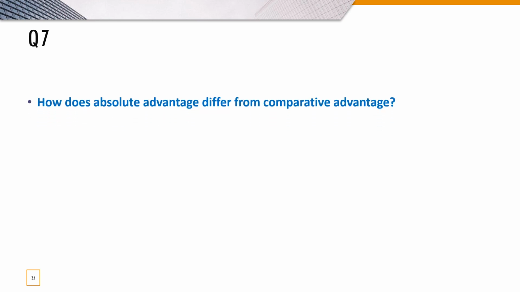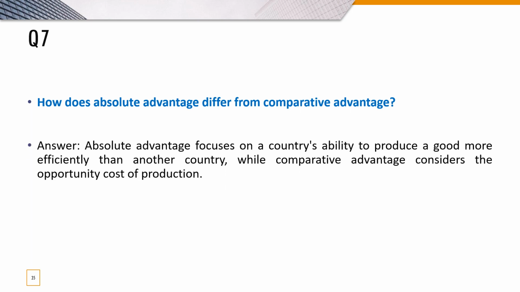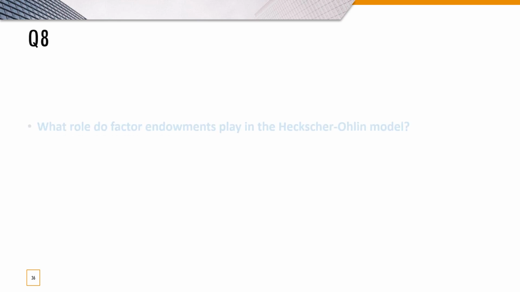Question 7. How does absolute advantage differ from comparative advantage? Absolute advantage focuses on a country's ability to produce a good more efficiently than another country, while comparative advantage considers the opportunity cost of production. Question 8.